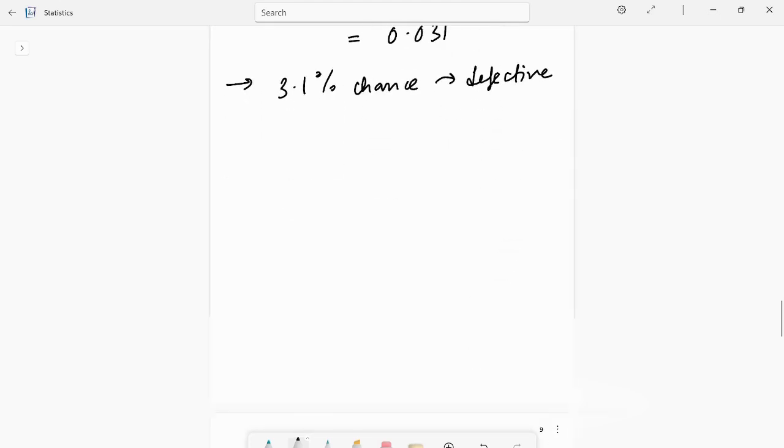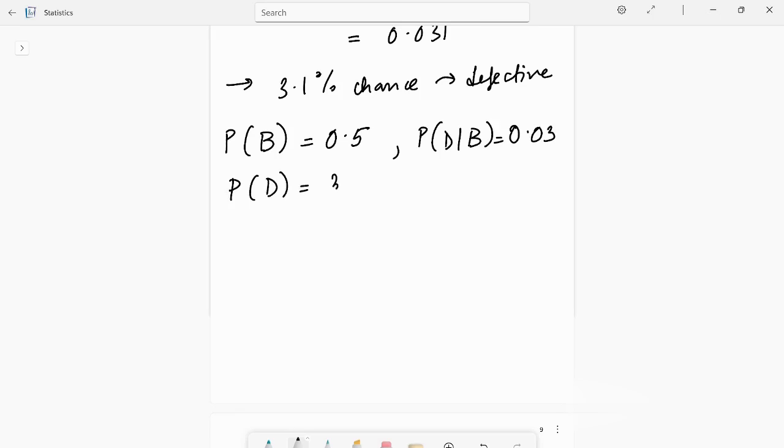Now, coming to this question, the probability of getting machine B is 0.5, and getting a defective item from machine B is 0.03. And the probability of getting a defective item in general is 0.031.